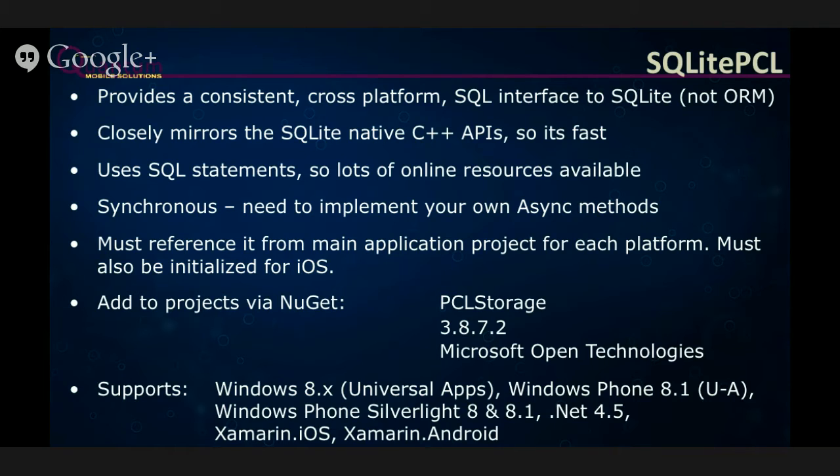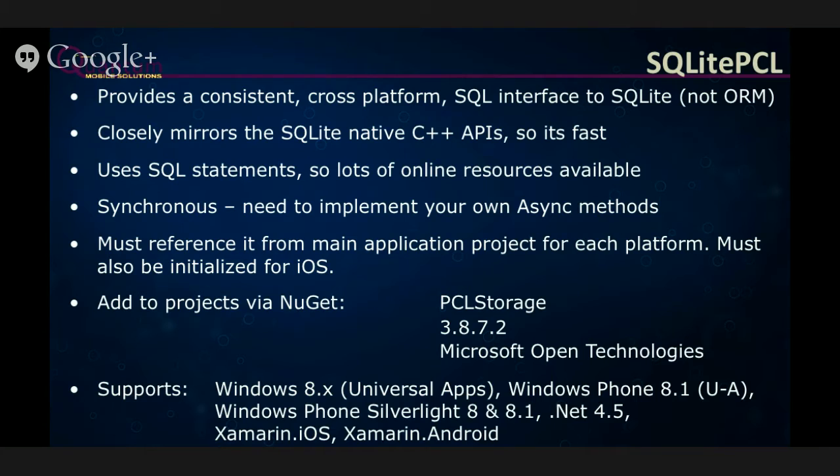And it's Microsoft Open Technologies, so it's actually managed by Microsoft, which is great because you know it's going to be updated and maintained. Currently it supports Windows 8.x Universal Apps, Windows Phone 8.1 Universal Apps, Windows Phone SQLite, so 8 and 8.1, .NET 4.5, Xamarin iOS, and Xamarin Android.